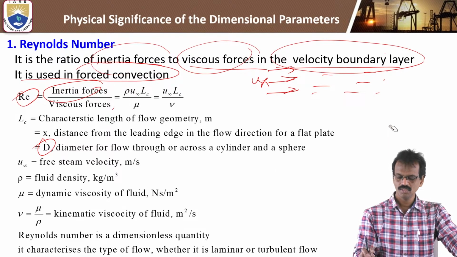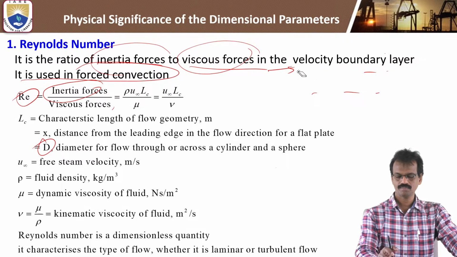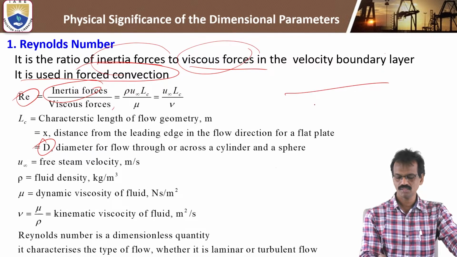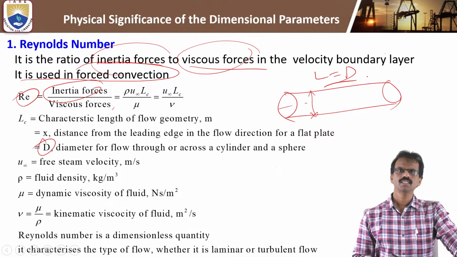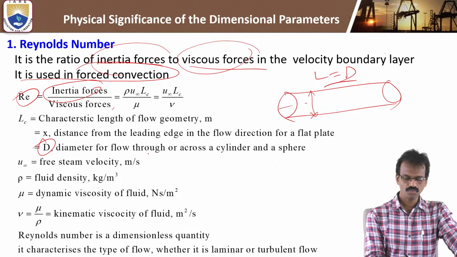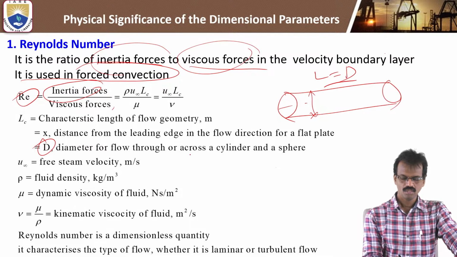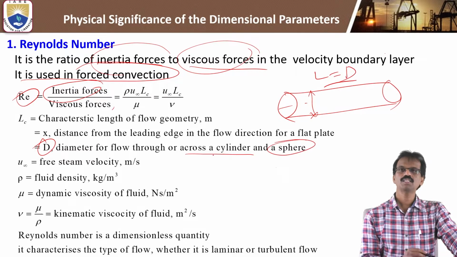It means if the flow is inner flow, just like fluid flowing through a pipe like this one, then L is equal to the diameter. So how to consider this? The diameter is used for flow through or across a cylinder or sphere.